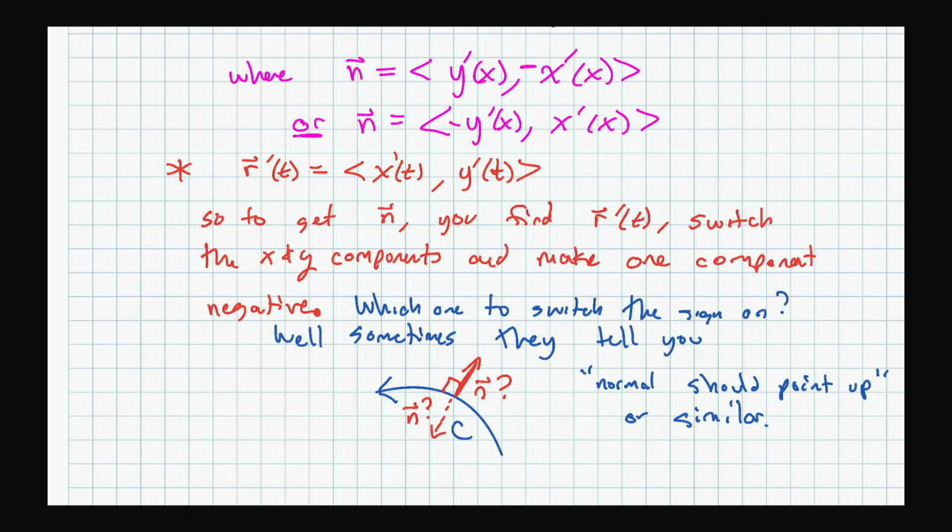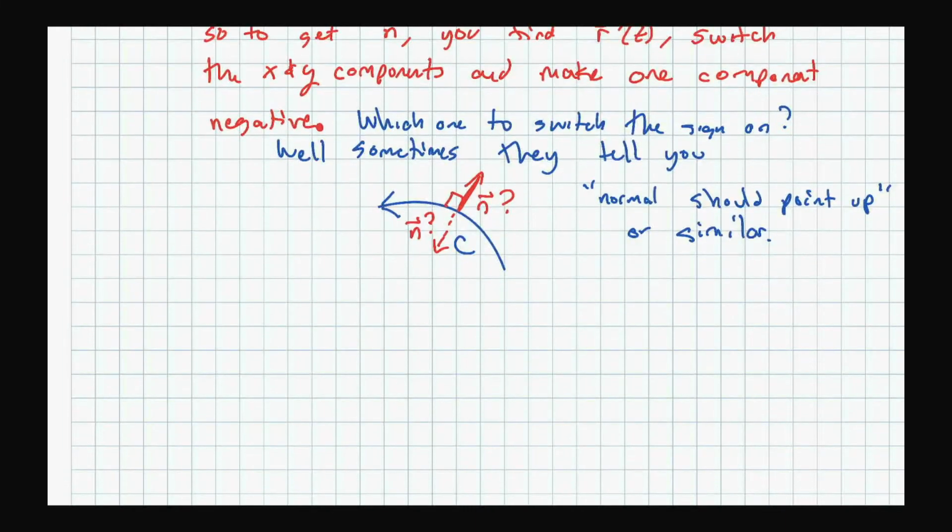Now, what's the difference between them? You're going to be finding how much fluid is going in the direction of the normal. So if your normal points in the opposite direction, you will calculate the negative of the number you intend to calculate. The flux integral computes the rate of the fluid in the direction of the normal.